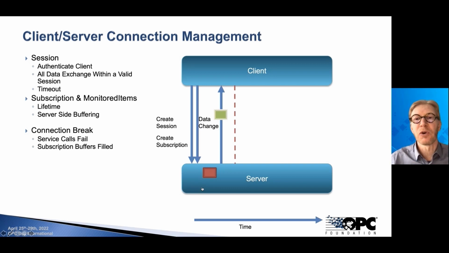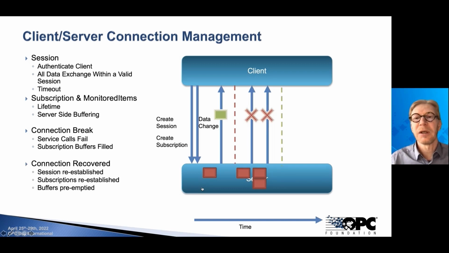Now, what happens if the connection breaks? All the service calls from the client will fail, and the subscription buffers start getting filled. So we get a new sample, but this doesn't manage to get sent to the client. We get another sample that doesn't manage to get sent to the client.